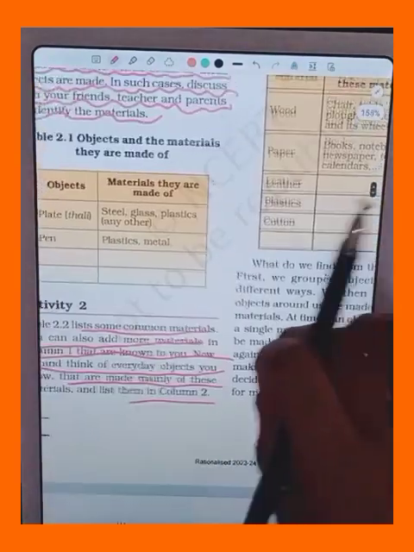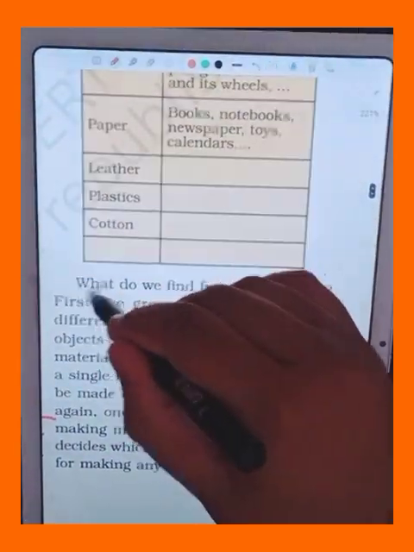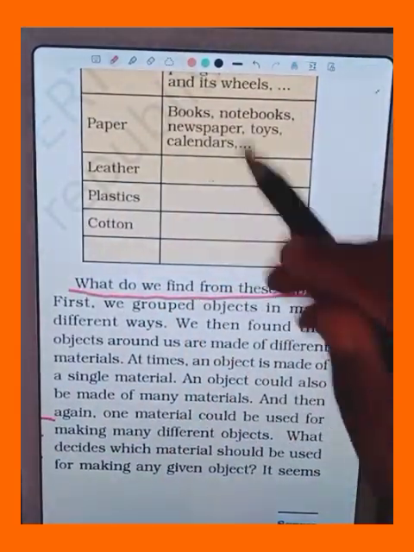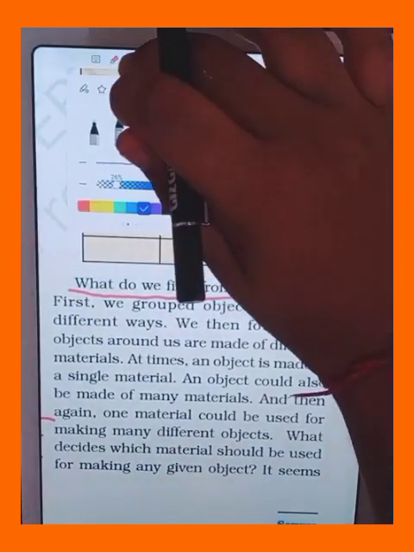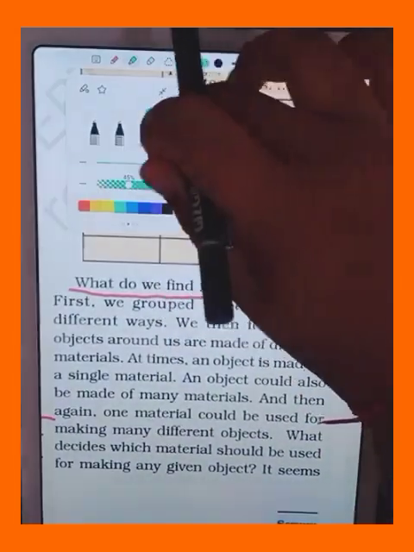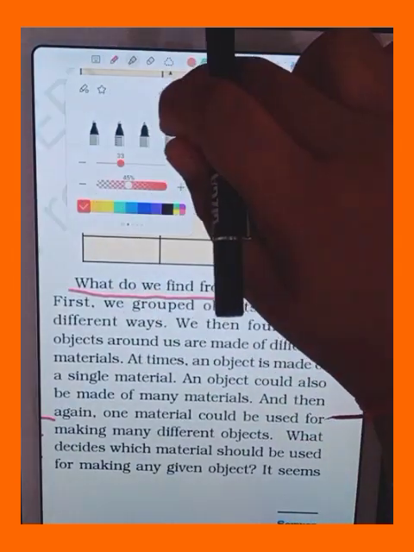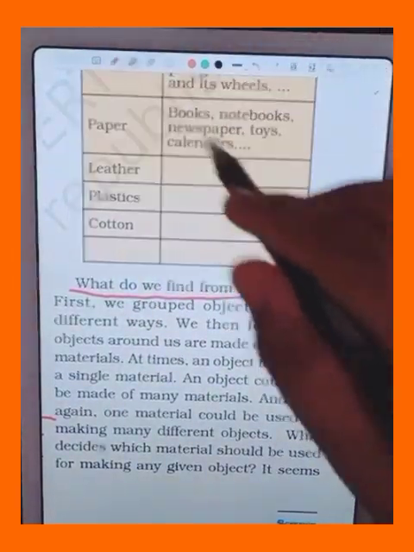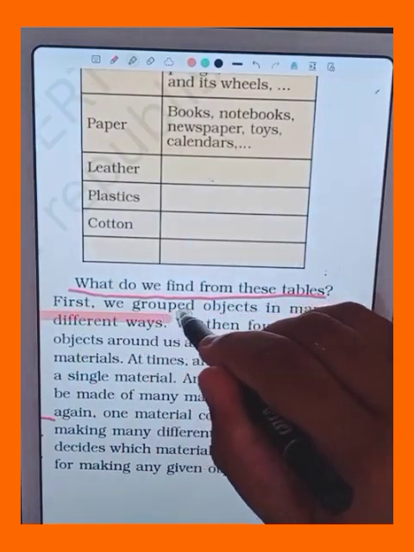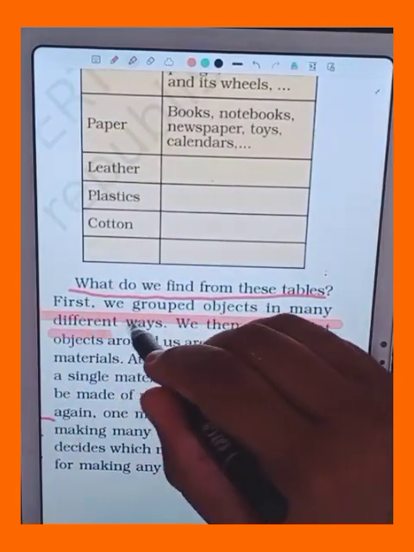Yes, so here we are. What do we find from these tables? First, we group objects in many different ways.